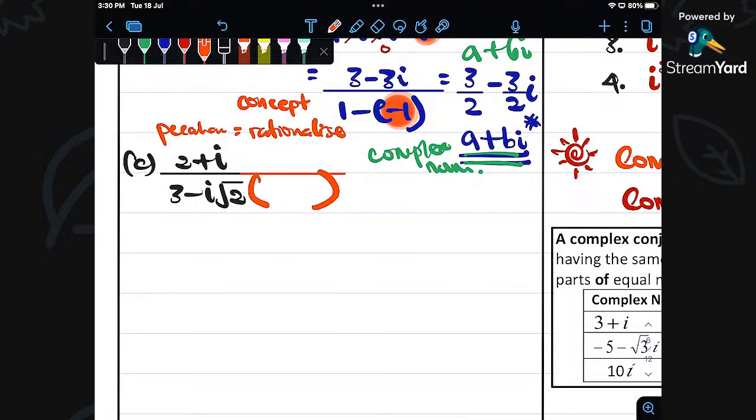Concept rationalize memerlukan conjugate. What is the conjugate for 3 plus 3 minus I square root 2? Can you write it down there in the chat? What should I times here? Can you tell me?